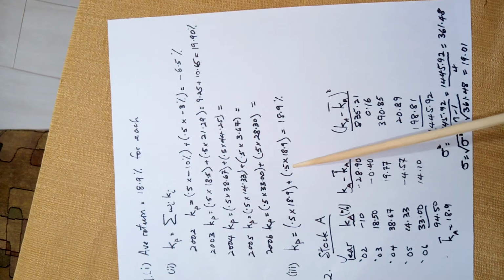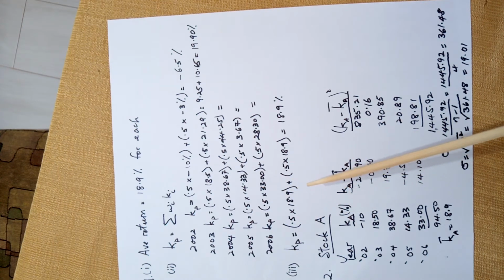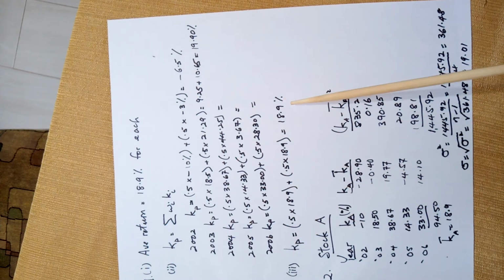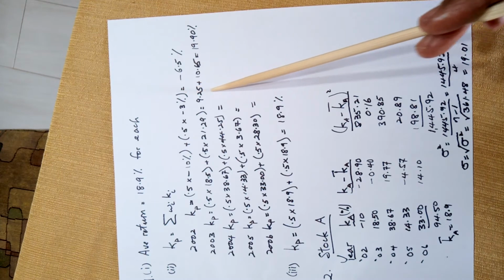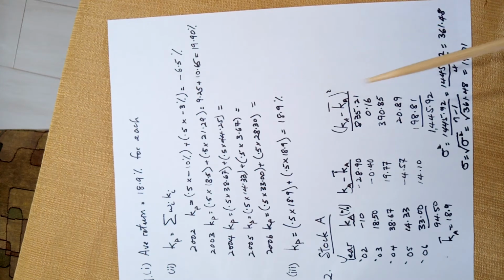Weight is 0.5 of each, 50-50. The return for the period for each happens to be the same. And so the return for the portfolio is simplicity itself, 18.9% for the period. And we would have had, when we have worked out all of these, the return of the portfolio for each year.